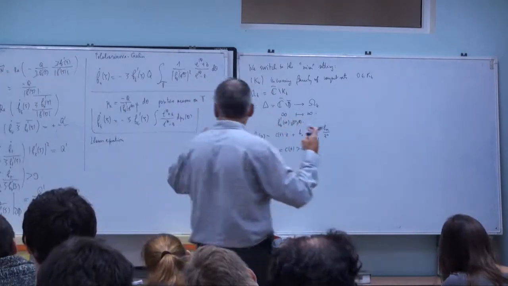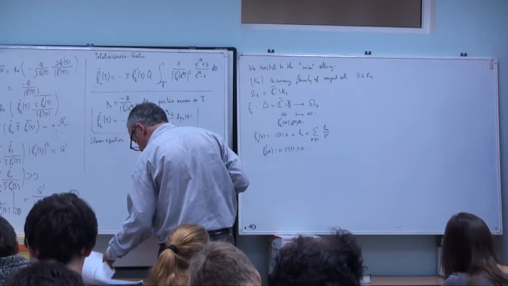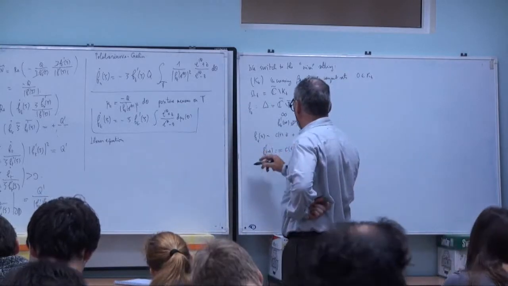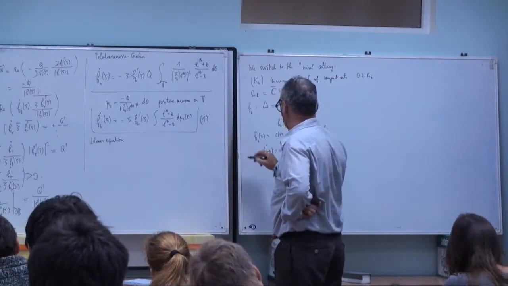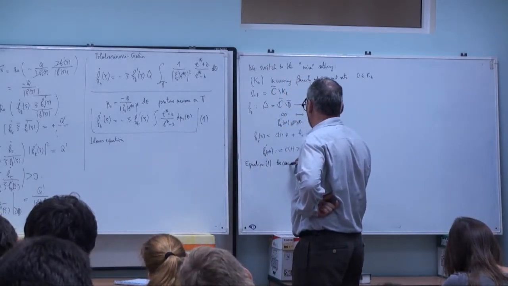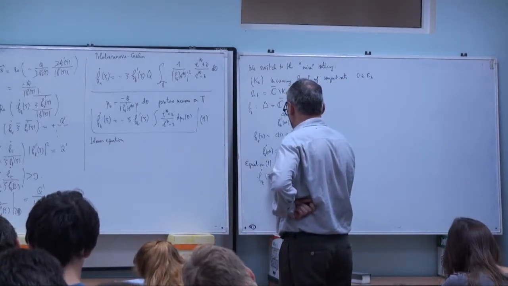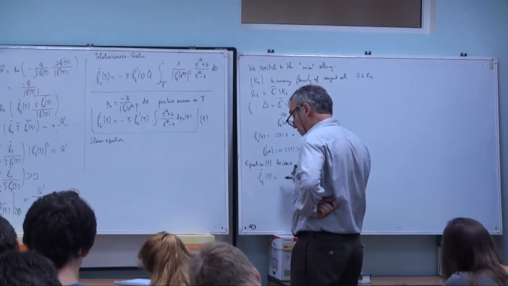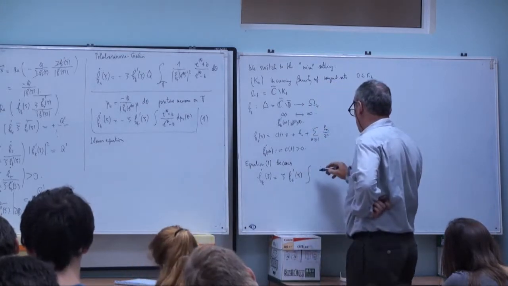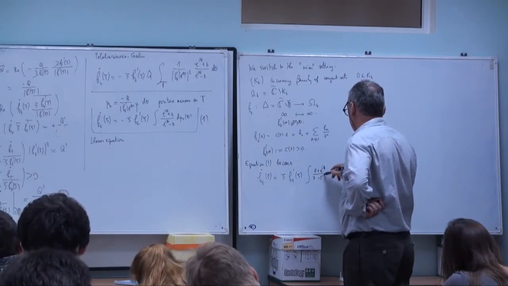So in this setting, the equation becomes, well, I haven't written it down. So the equation now, so this is 1. So equation 1 becomes ft dot of zeta equals zeta ft prime of zeta times the integral of z plus e to the I theta divided by z minus e to the I theta d mu.